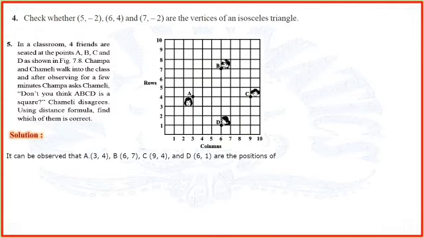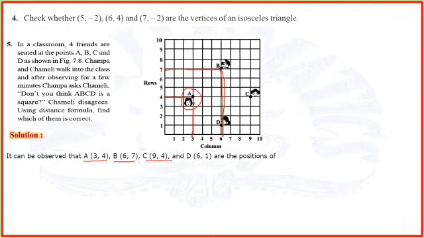It can be observed that A is (3, 4), because the value of x is 3 and the value of y is 4. For B, the value of x is 6 and the value of y is 7.